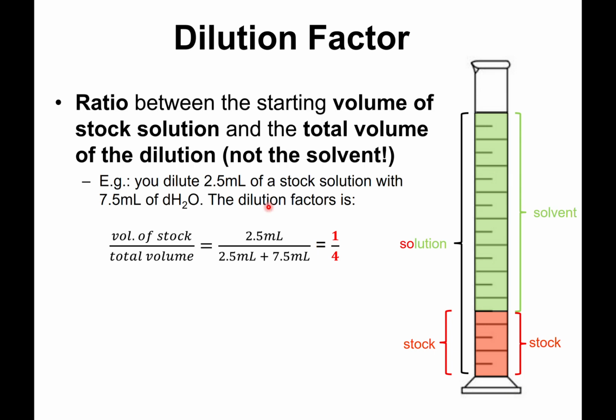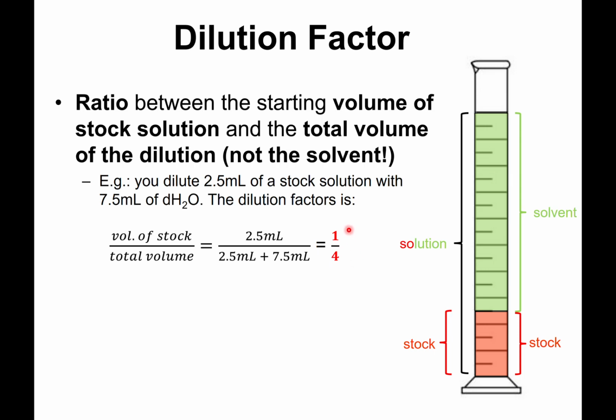For example, here, if you had taken 2.5 milliliter of stock solution and you add 7.5 milliliter of distilled water or solvent to it, now the dilution factor will become the ratio between 2.5 over 2.5 plus 7.5, so the total volume of the solution, hence 1 in 4. This will be the dilution factor that you have done.